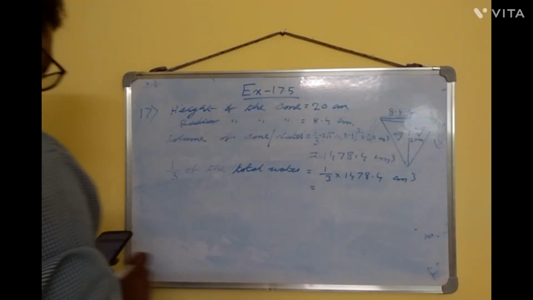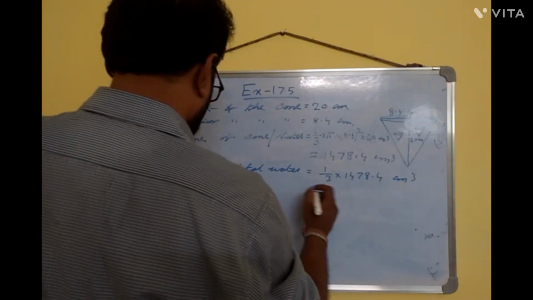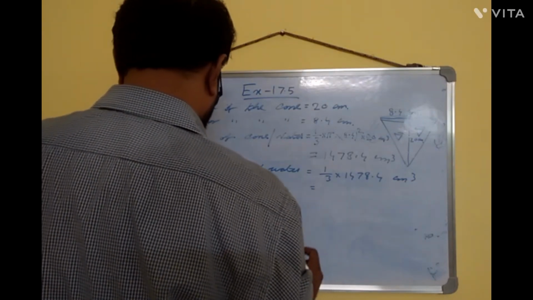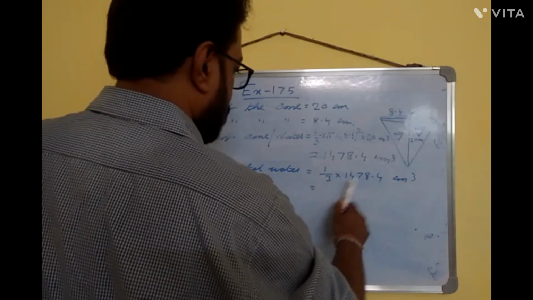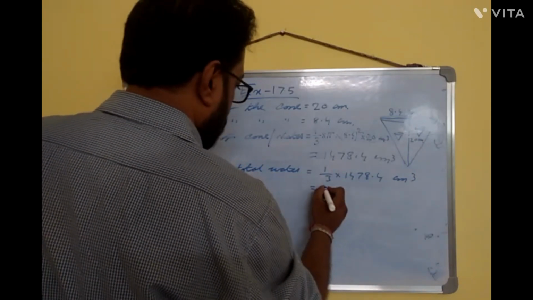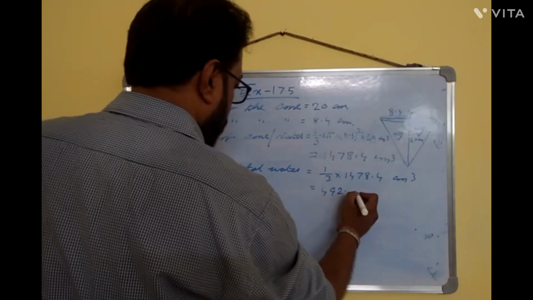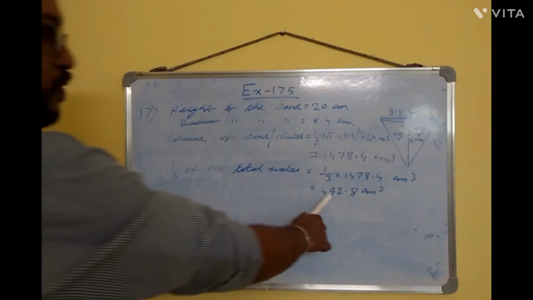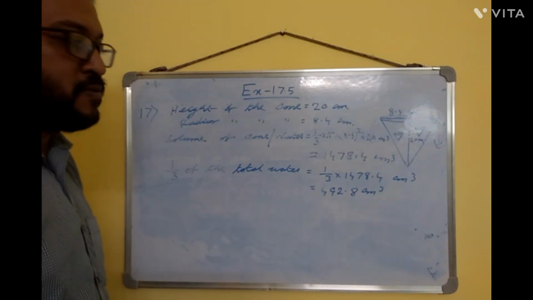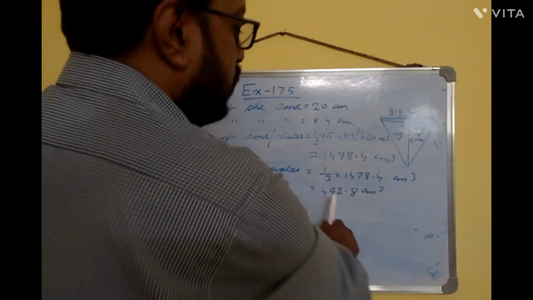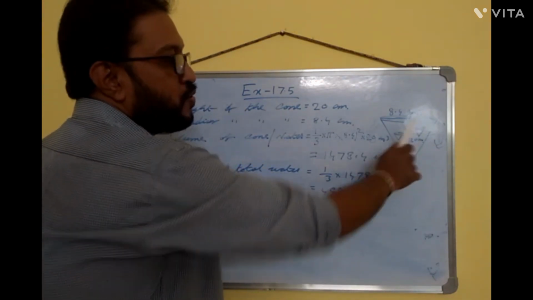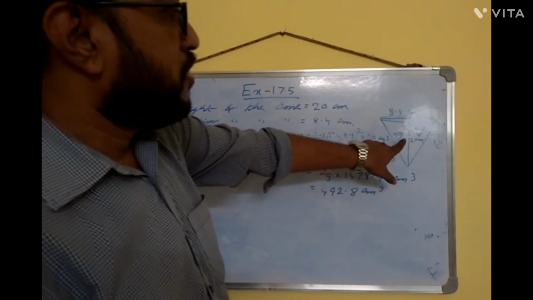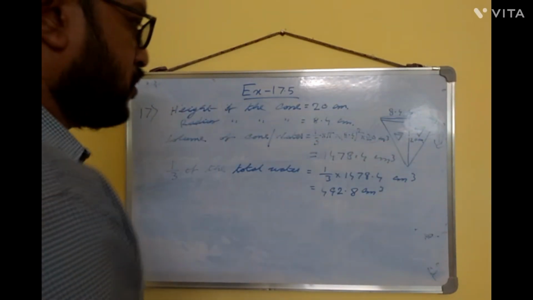So it will be 492.8 centimeter cube. This much volume of water has fallen down. That means this volume is equal to the volume of these two cones.